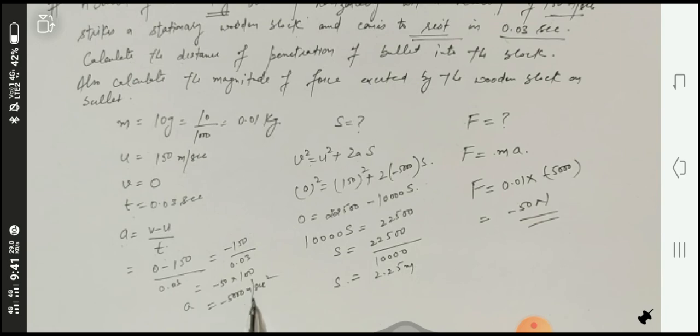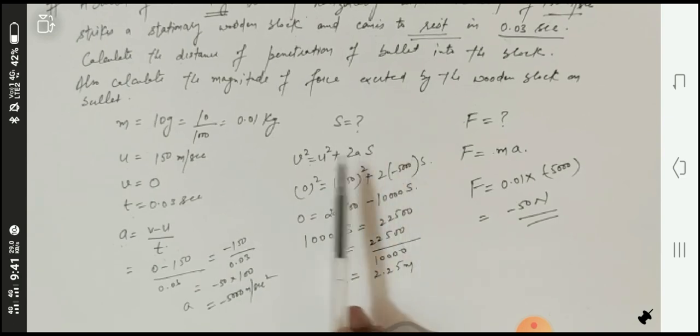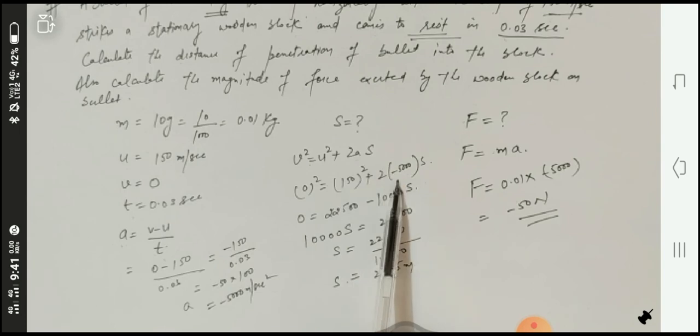Right? Now put this value of acceleration in the third equation of motion. v square is equal to u square plus 2as. The value of v is 0, u is 150, a is minus 5000. Right? So open the brackets. 150 square is 22500 and 5000 into 2 becomes 10,000. When you shift this term to this side, it becomes positive.